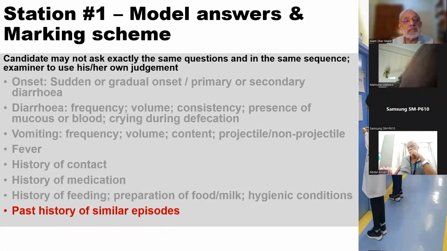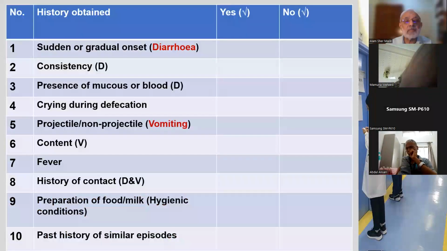So these are our model answers, and we expect students to cover these questions. For that, we will prepare a table of the 10 questions, and the examiner has to simply take yes or no if the student has asked that question about the diarrhea and about the vomiting.